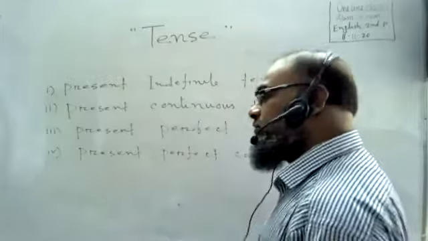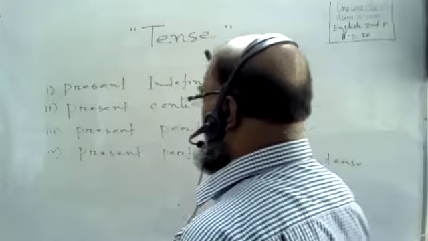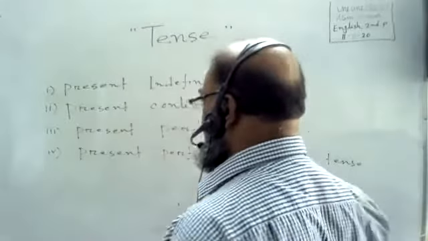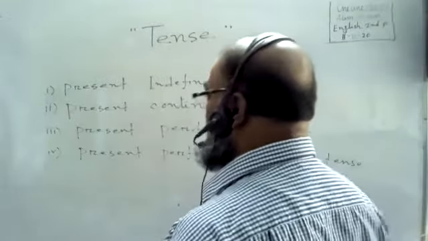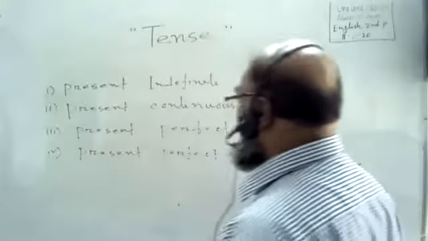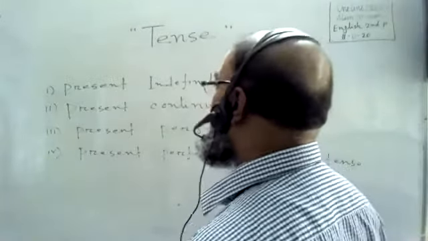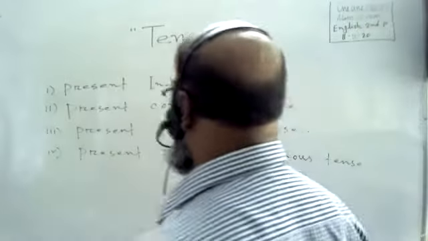And if you only learn the kinds of present tense, then it is very easy for you to know the kinds of past tense or future tense. Look, how is it possible?